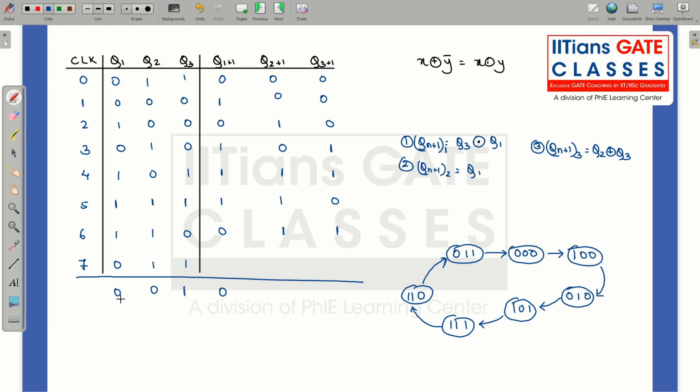Q2 plus 1 will be Q1, so that is 0. Q3 plus 1 will be Q2 XOR Q3, so that is 1. So you can see from this unused state, we are remaining in the unused state only. So we are not going into your cyclic state. That is why your counter will not be counting this sequence if we start from this 001 sequence. Okay.